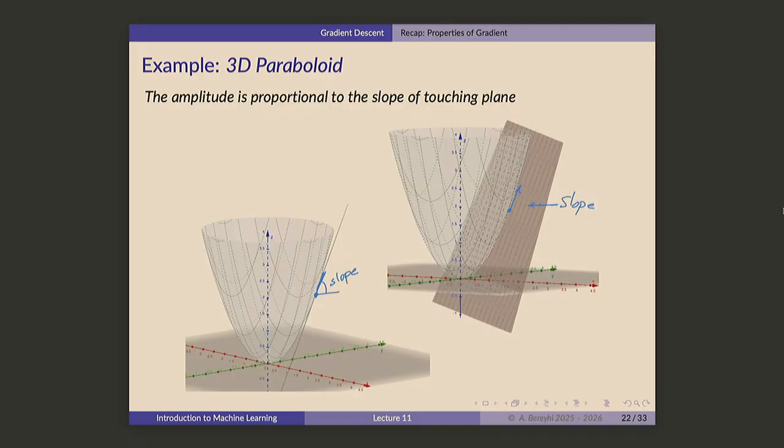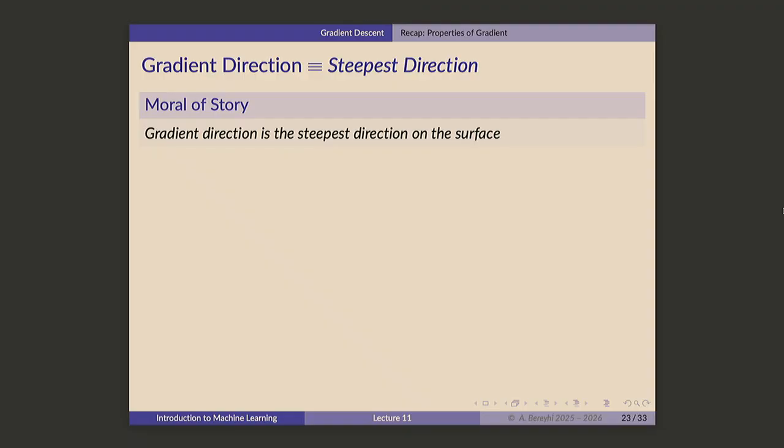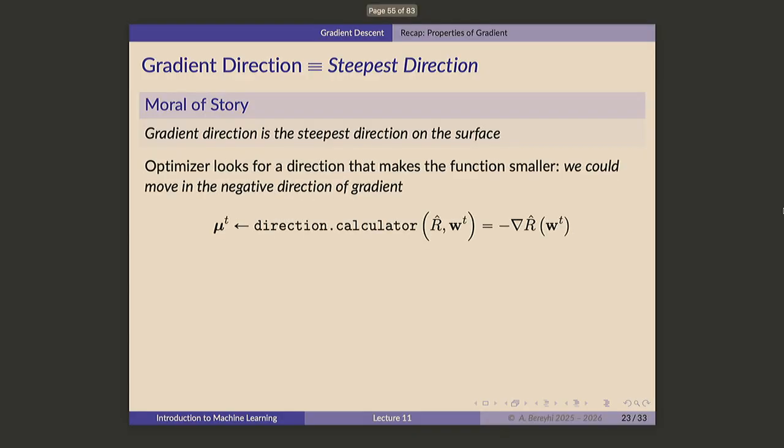Everybody's cool? Questions? So, because of this property, as I said, gradient direction is the steepest direction on your surface that you can increase your function, right? And if you want to just decrease your function, as we talked about right now, the best way that you can do is to just move in the minus direction of the gradient, right?